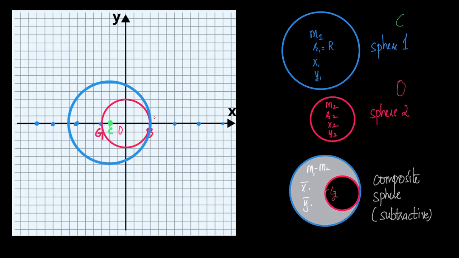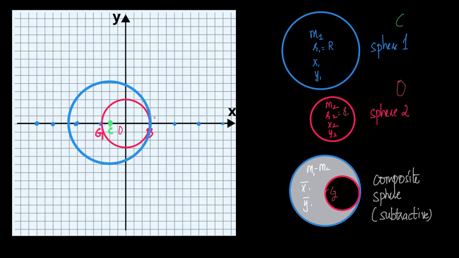Alright? Okay. So sphere 1, m1, r1 is equal to capital R, center of mass coordinates x1 comma y1. Sphere 2, mass is m2, r2 is the radius, which here we'll take as r. Okay. Center of mass coordinate is x2 comma y2. The mass of the composite figure is m1 minus m2. Why? Subtractive. The mass is removed, and the center of mass is x bar comma y bar.